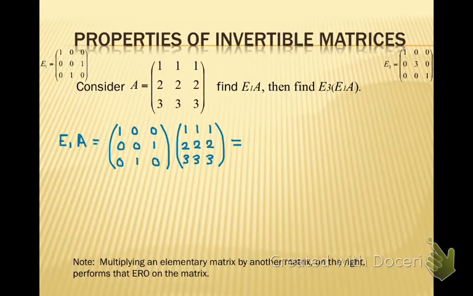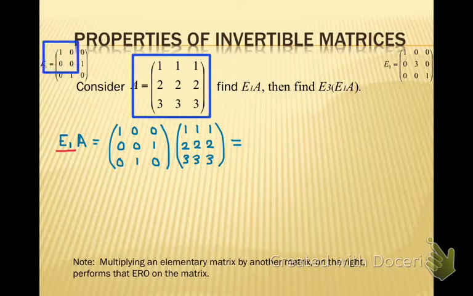Something very interesting happens when you take a matrix, let's say this matrix A that we have here, and multiply it by an elementary matrix on the left. Here we're going to take the product of E1 with A. Recall that E1 represented an interchange of rows 2 and 3. I would like for you at this time to pause the slide and perform the product for yourself.